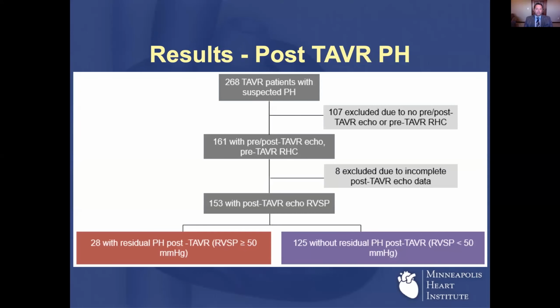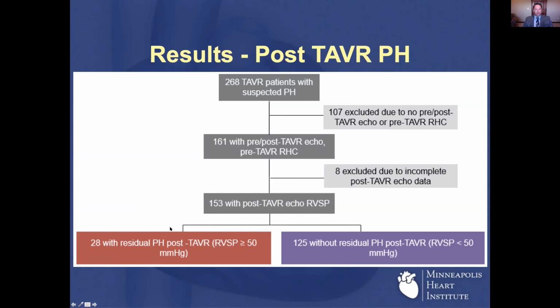So our patient population started with 268 patients, and after whittling it down due to incomplete data, we had 153 patients that had pre and post-TAVR echoes and right heart cath, with an elevated RVSP on their pre-TAVR echo.